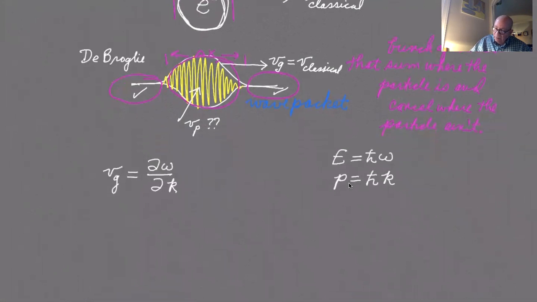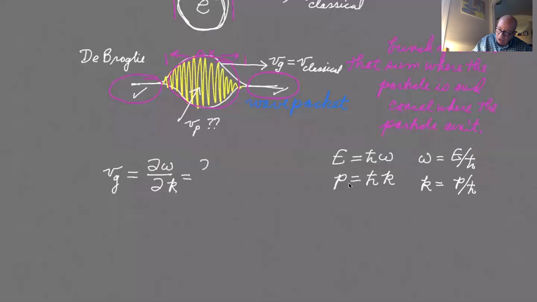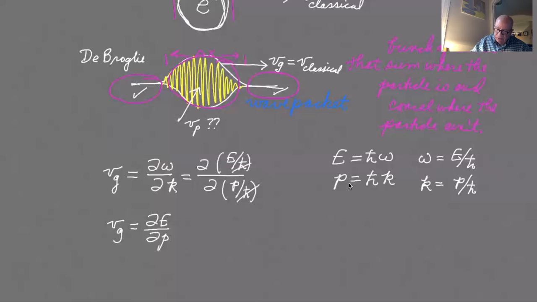Okay, which means now that omega is equal to E over h bar, and k is going to be equal to p over h bar. And so then this is going to be the change in E over h bar over the change in p over h bar. The h bars cancel, they're just constants.